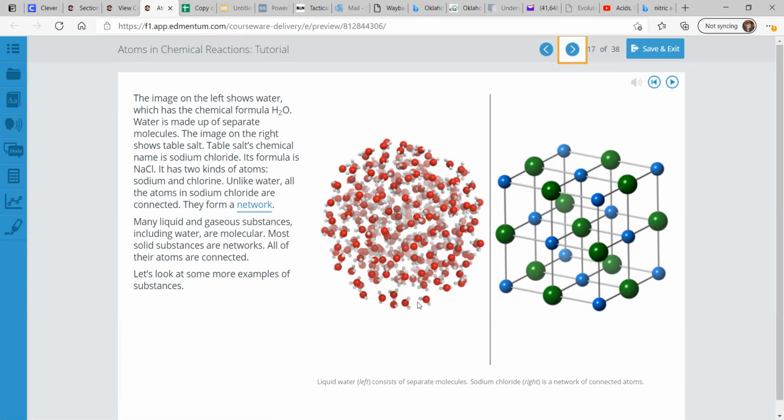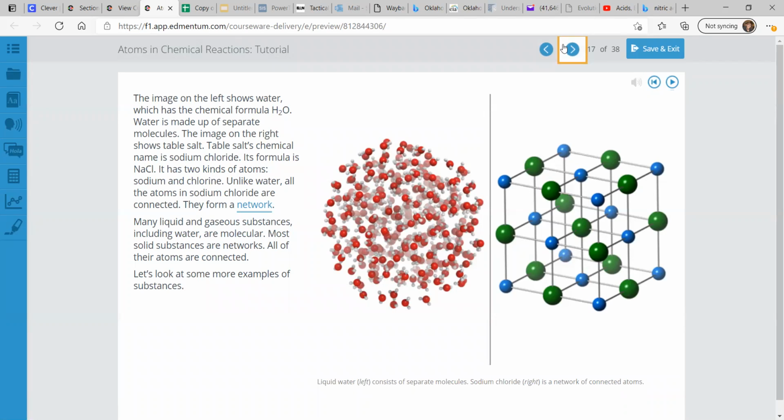Water is made up of separate molecules, and table salt is connected more like a framework, it says. So more cleanly. Many liquid and gaseous substances, including water, are molecular. Most solid substances are networks. So most gases or liquids will look more like the left, whereas solids will look more like the right.